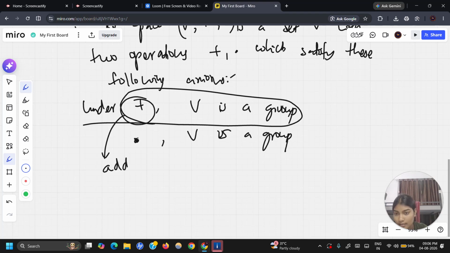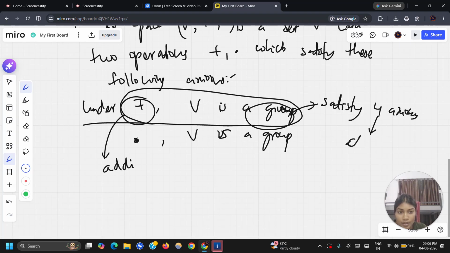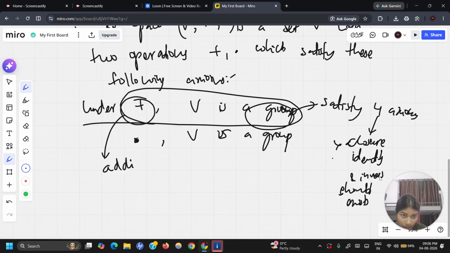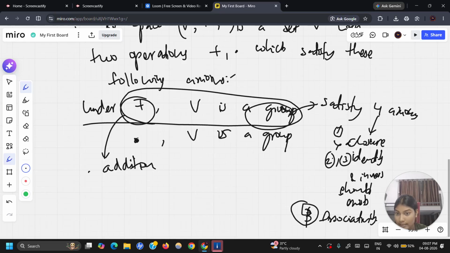If it is a group, then it must satisfy four axioms: closure, identity, inverse, and associativity. Since V is a group under addition, it must satisfy addition closure.